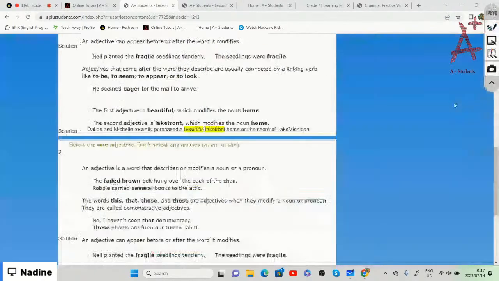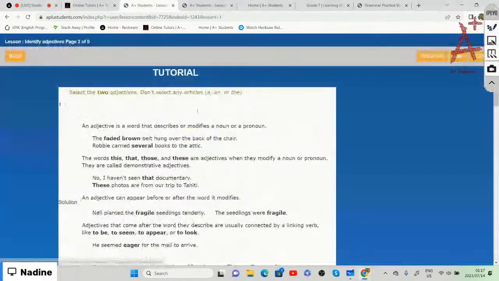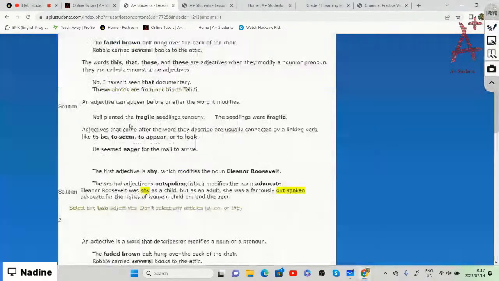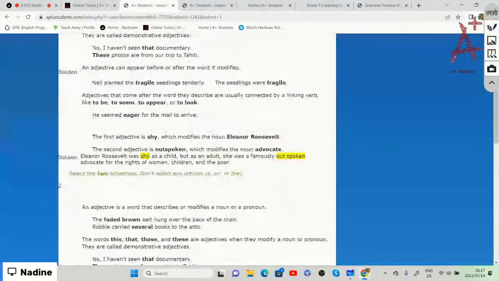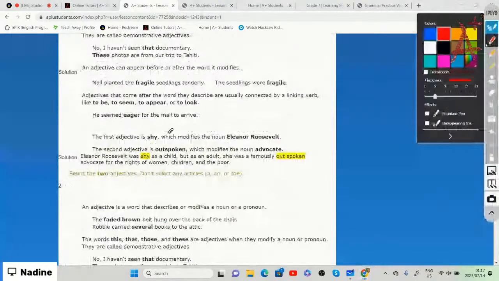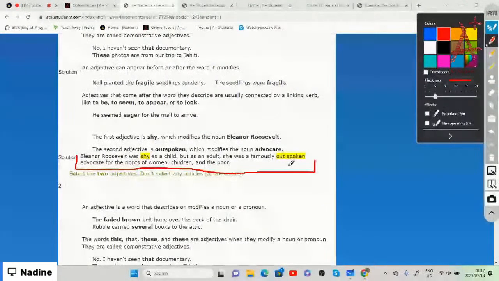All right, let us go to the next one. Let's look at the sentence over here. Let me underline it. Eleanor Roosevelt was shy as a child, but as an adult, she was famously outspoken.